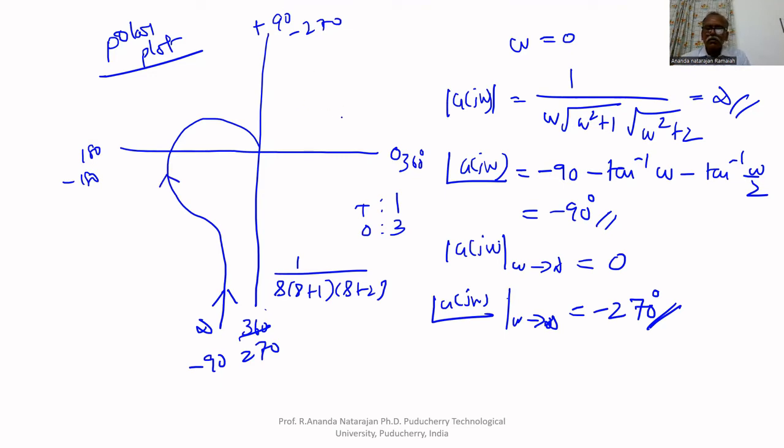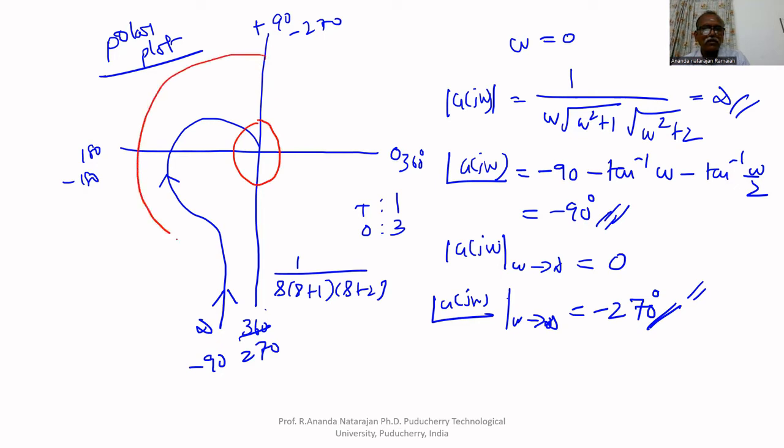So we got this plot. Intermediate values lie between minus 90 and minus 270. Magnitude also goes from infinity to 0. You got this plot.